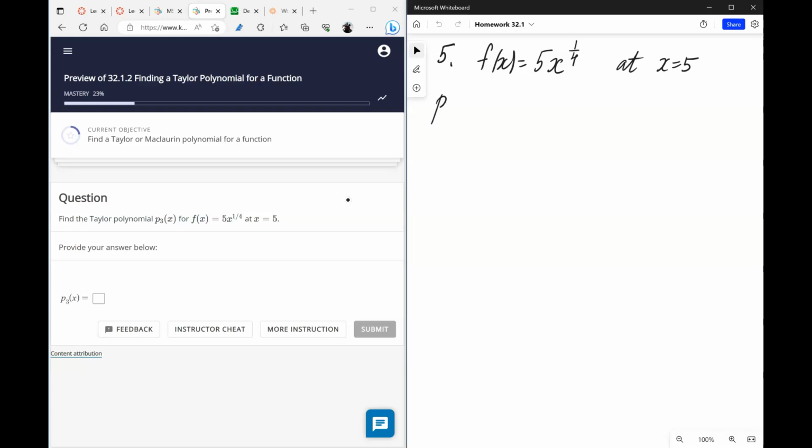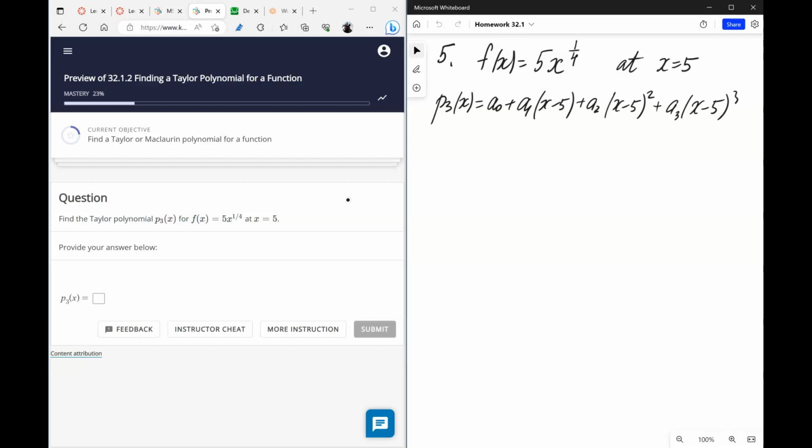And again, we're looking for P3. P3 will be a0 plus a1 x minus 5 plus a2 x minus 5 squared plus a3 x minus 5 cubed.